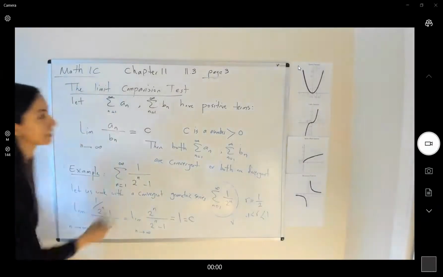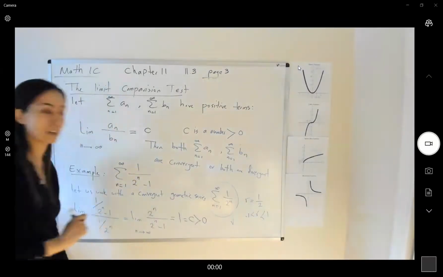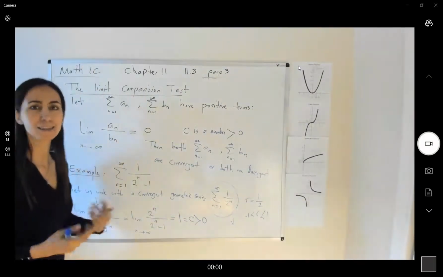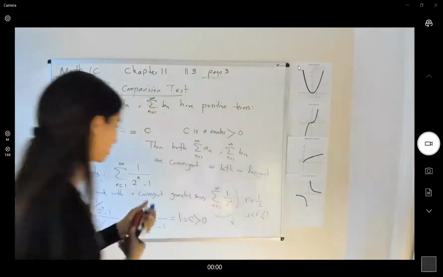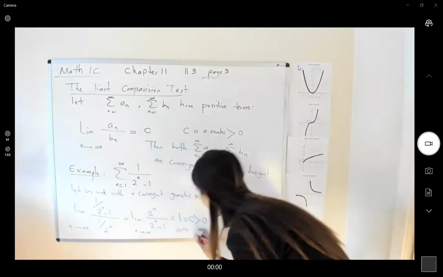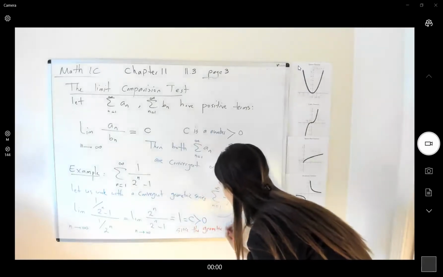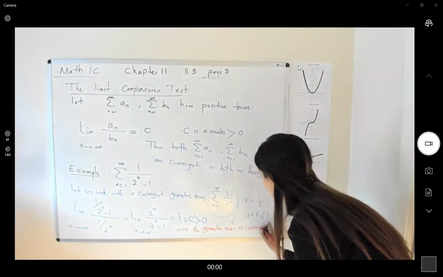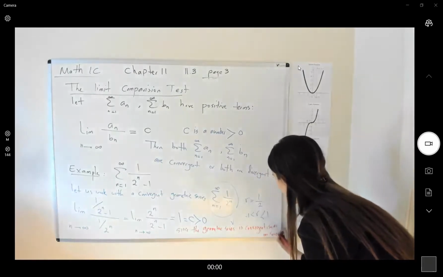This is your c. c is a number, c is greater than 0. And since you already know that your geometric series is convergent, the conclusion is your series is convergent. Since the geometric series is convergent, so is our series.